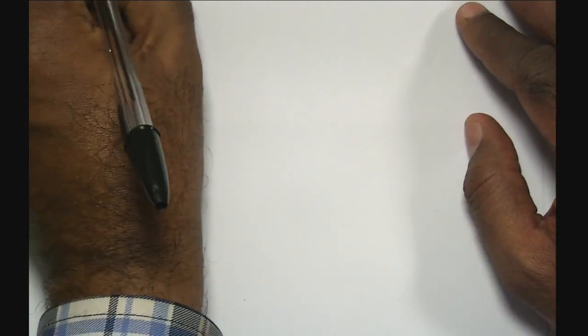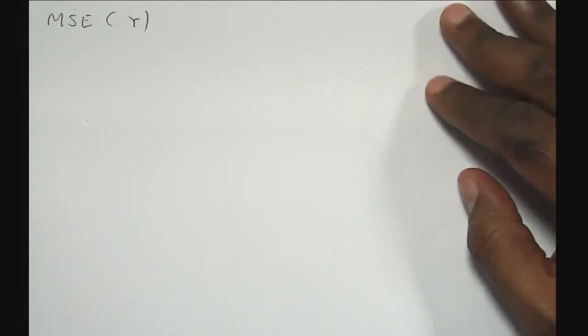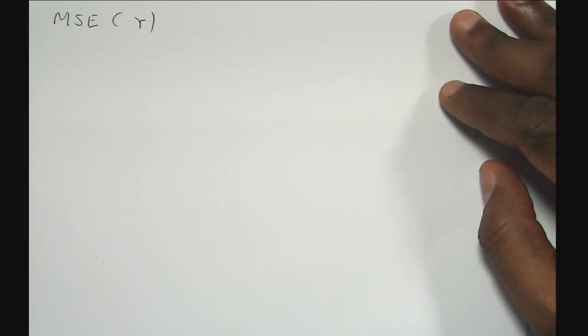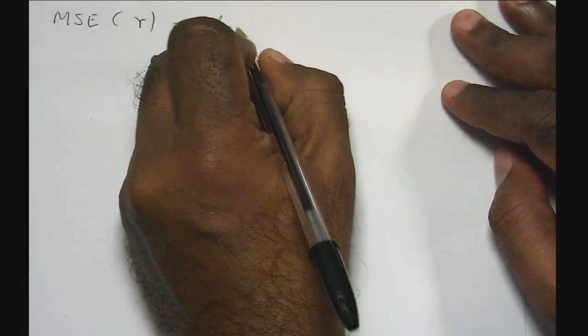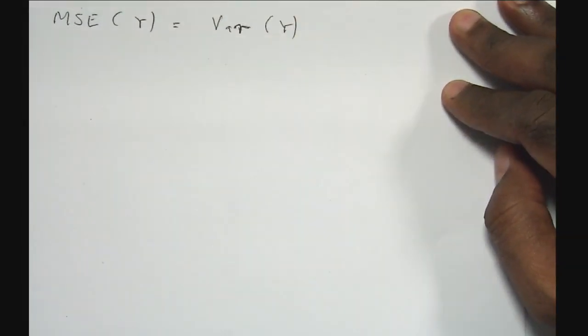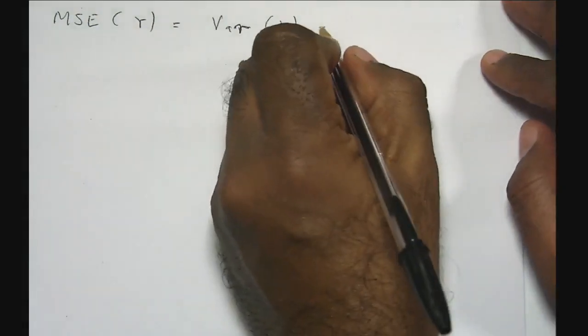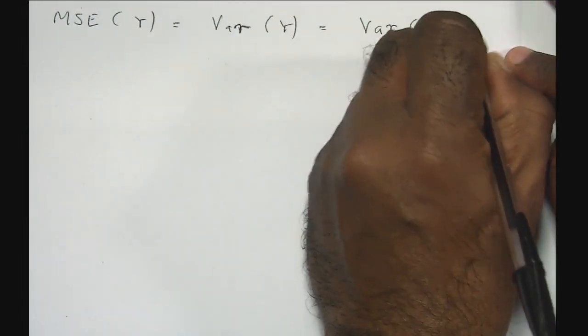The MSE of the estimator y, because y is unbiased, is the same as the variance of y, which is the same as the variance of x bar minus 1.